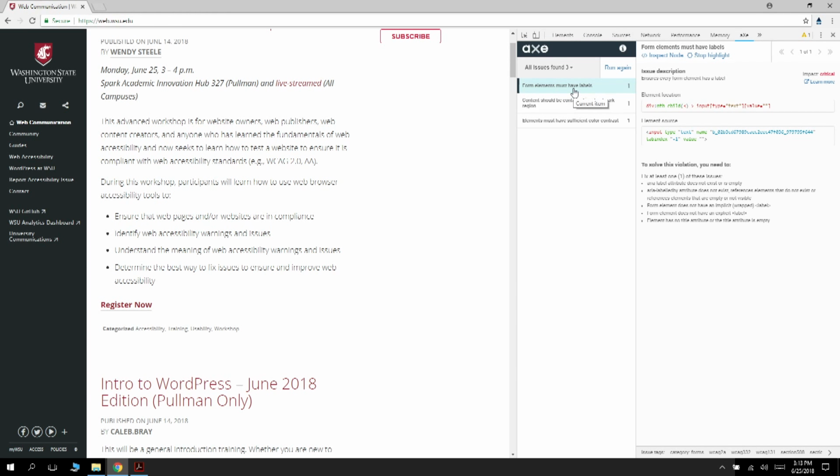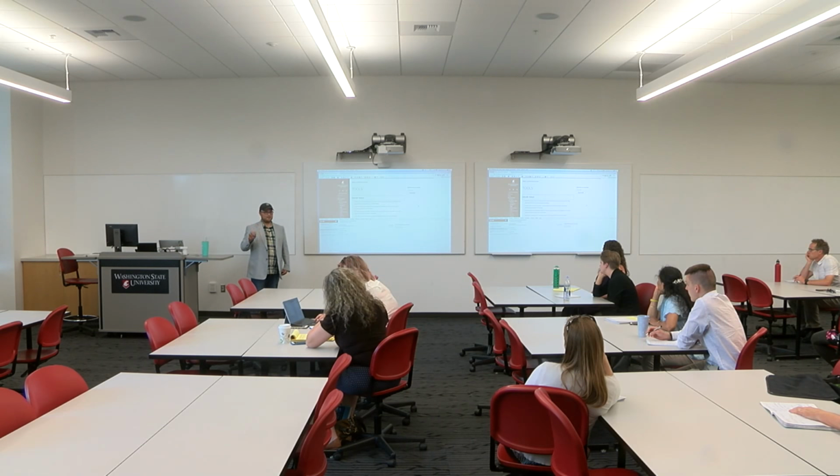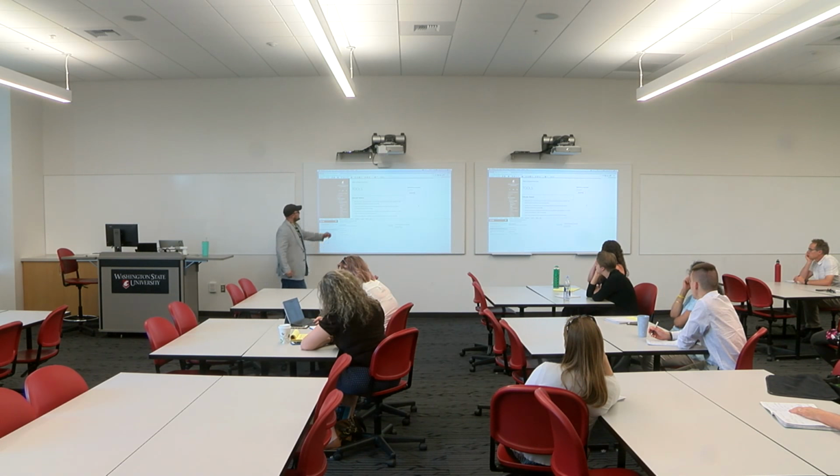The second one is heading levels should only increase by 1. And this is great that we have this error. One of the things we've been preaching is headings are not decorative. Headings need to go chronologically. You have an H1, the next one's an H2, and the next one after that can be one of two choices: either another H2 or an H3. In this case, we have an H1 and an H3. It's letting me know that this is wrong.